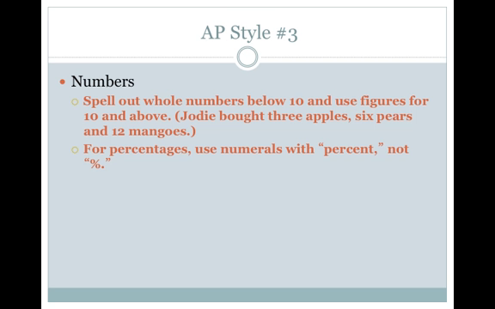So you see in the sample sentence, three apples spelled out, but 12 mangoes using the numeral. For percentages, which a lot of you, I'm sure, will be doing stories that incorporate percentages, we use the numerals with the word percent, not the symbol. So 12 percent would be the numeral 12, and then the word spelled out, one word, percent.